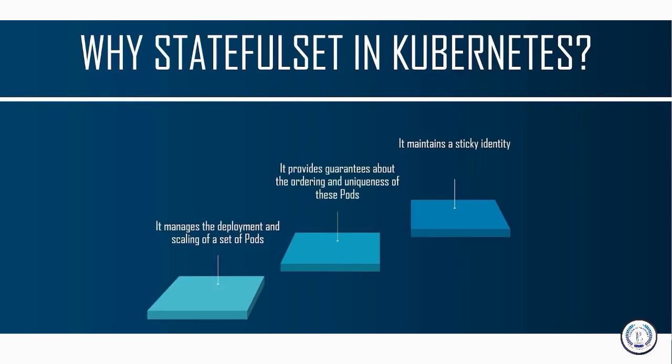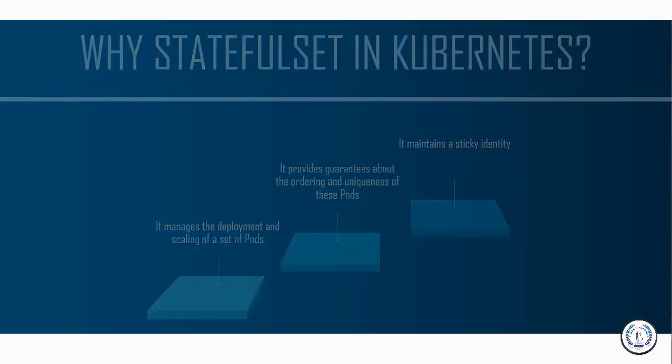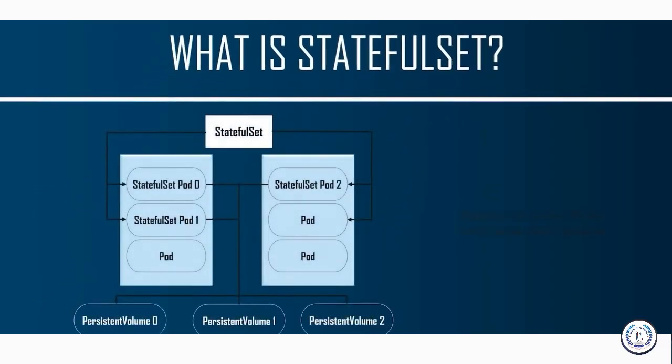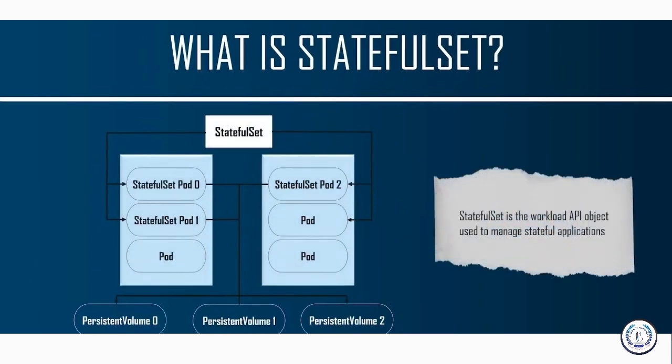Now that we know why StatefulSet in Kubernetes is really important, let's move ahead and talk about what a Kubernetes StatefulSet is. As I've already mentioned before, StatefulSet is the workload API object used to manage stateful applications. It basically manages the deployment and scaling of a set of pods and provides guarantees about the ordering and uniqueness of these pods.